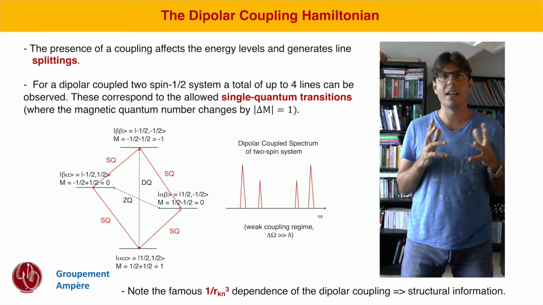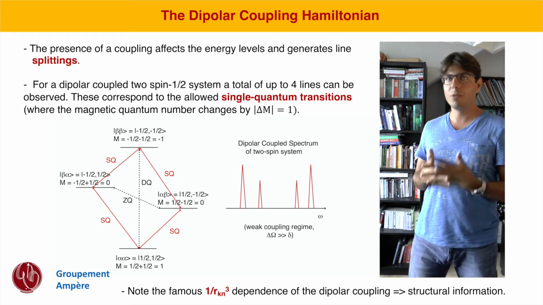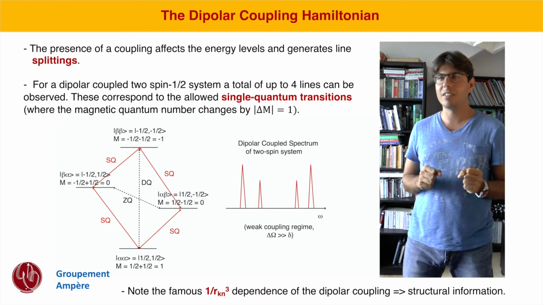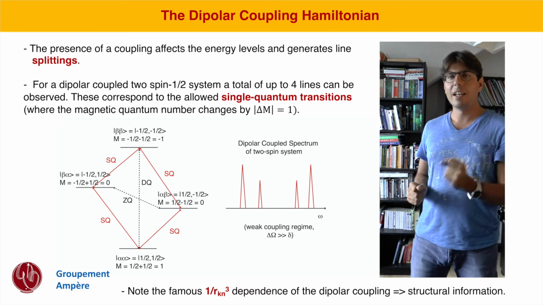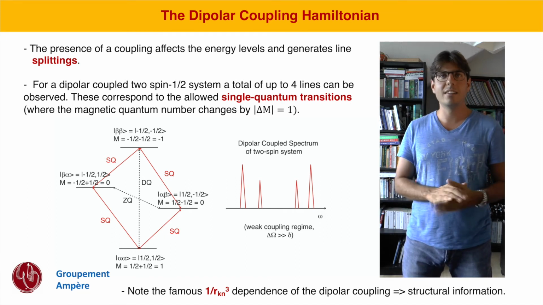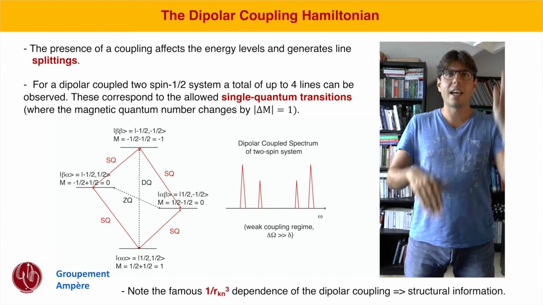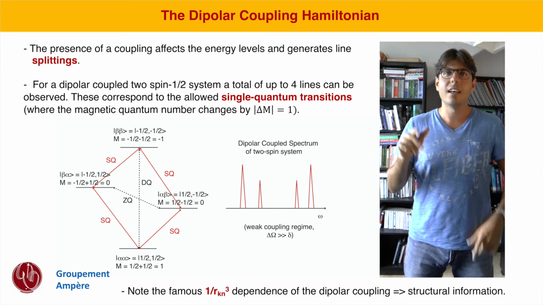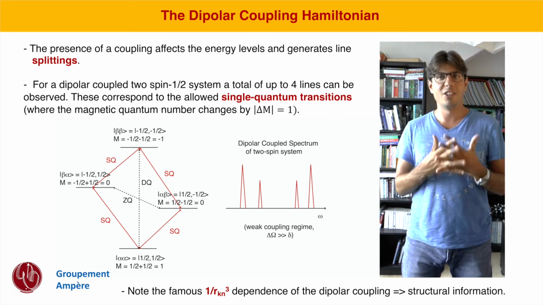This changes your magnetic quantum number by 2. And you can also have zero quantum transitions, which are interesting because they go from an alpha-beta to a beta-alpha state, which means you have a flip-flop of your states. What was up goes down and what was down goes up, and this creates a net zero difference in your magnetic quantum number.